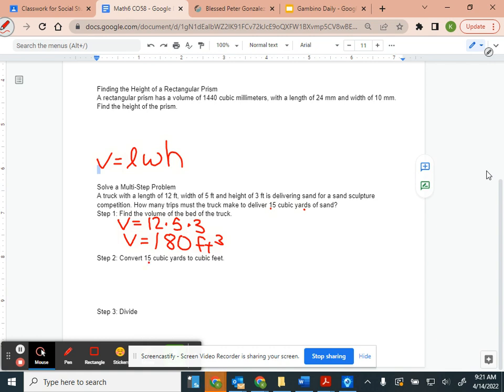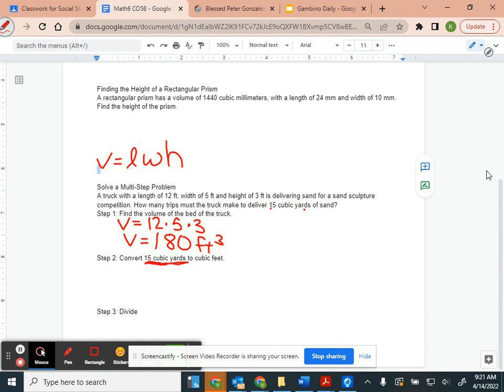So I want to convert 15 cubic yards to cubic feet. Nick? You can do 180 divided by 3, which gets you 60. Well, but I want 15 cubic yards. I want to make them into feet. I'm going to go from yards to feet. We're not doing anything with my volume of the truck. That's already feet. What would you do?